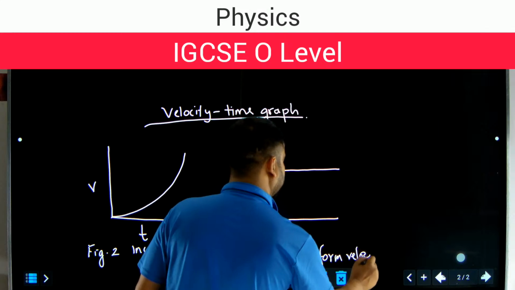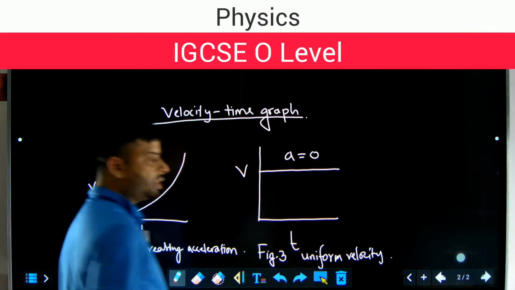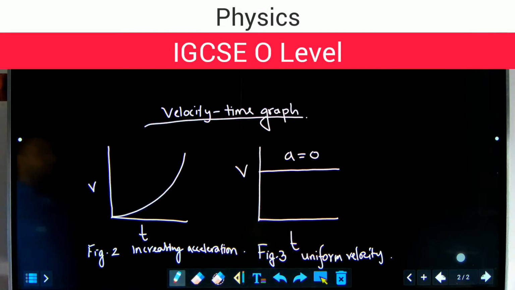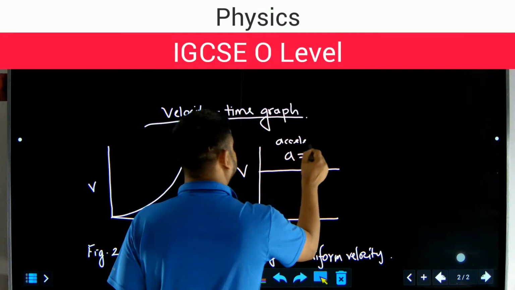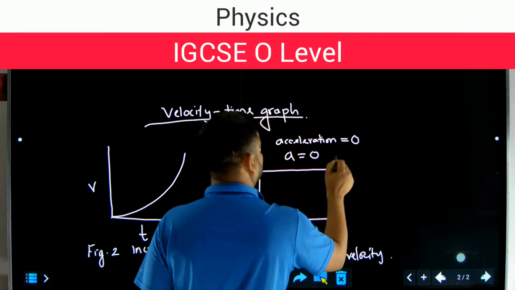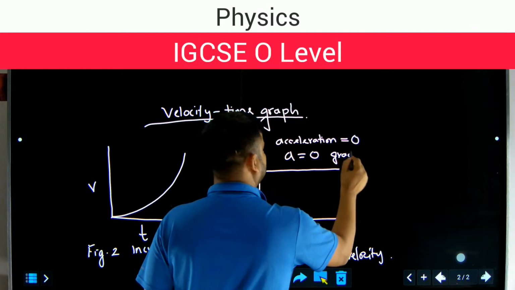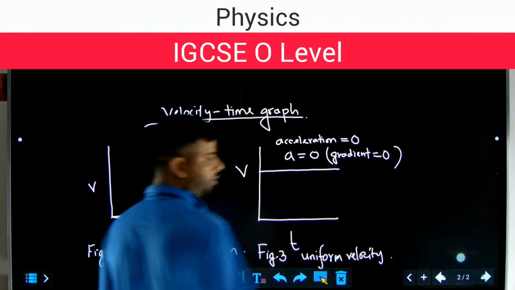So with uniform velocity, acceleration is 0, because the gradient of the velocity time graph is 0.